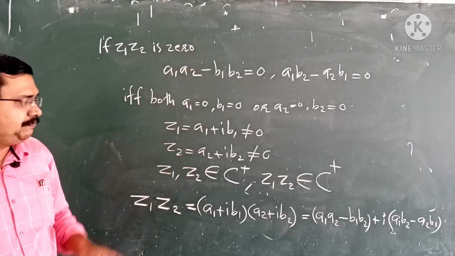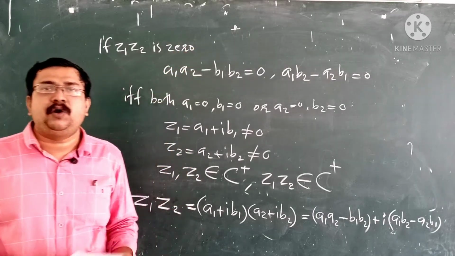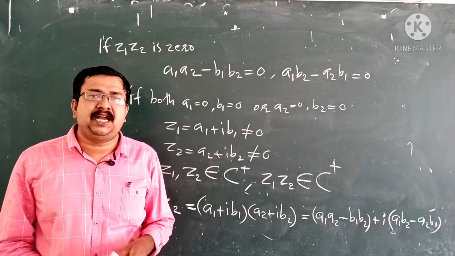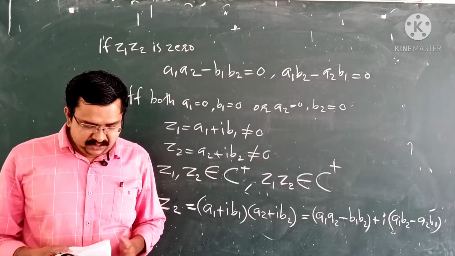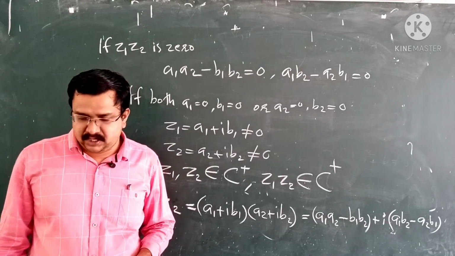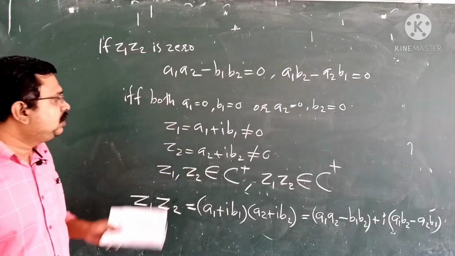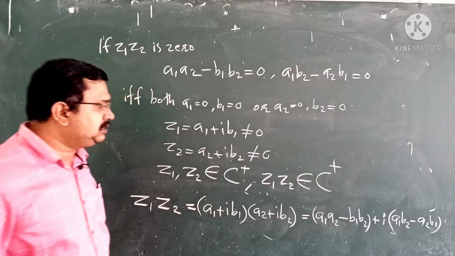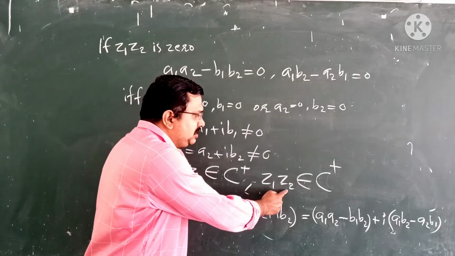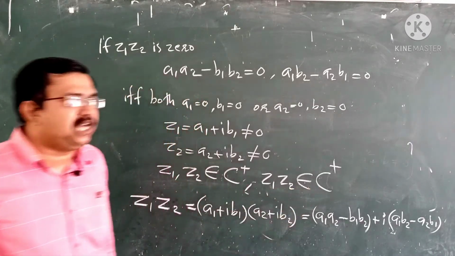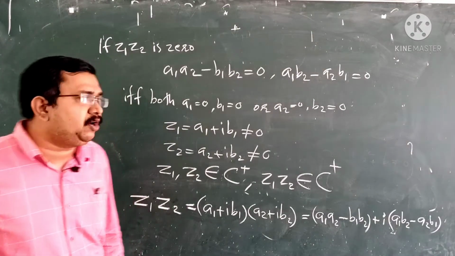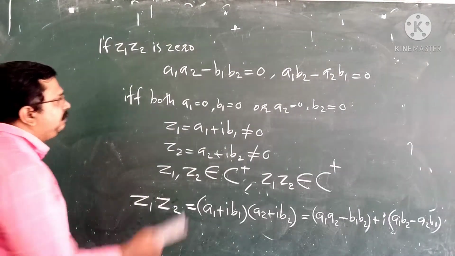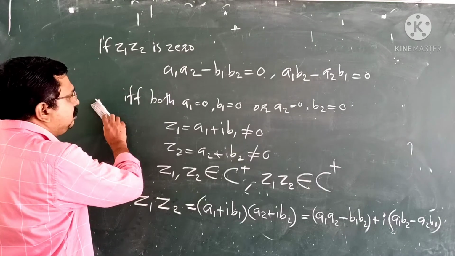Please write down. Next, we are going to prove the axioms, that is G1, G2, G3 and G4. It is clear that if Z1, Z2 belong to C plus, then Z1 into Z2 belongs to C plus, which satisfies the closure property. Next, we can prove the three axioms.